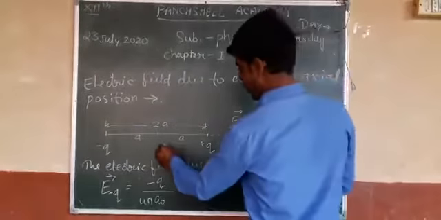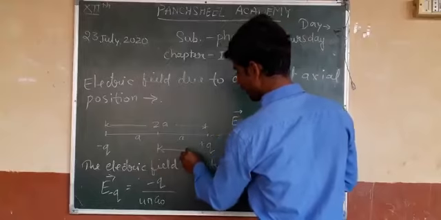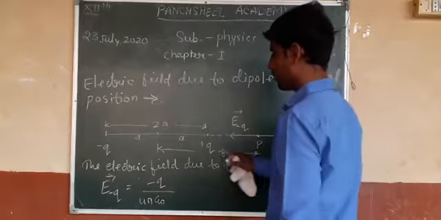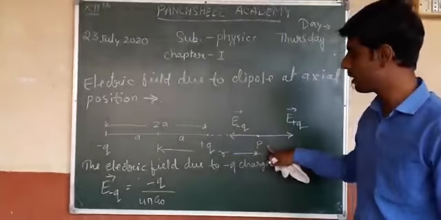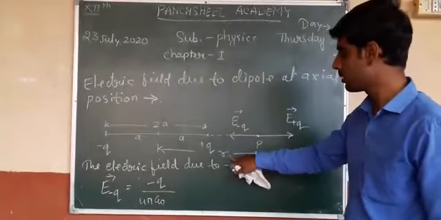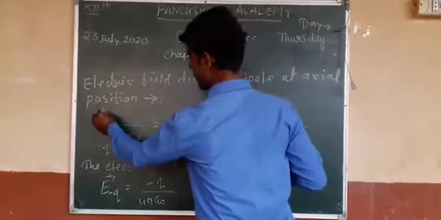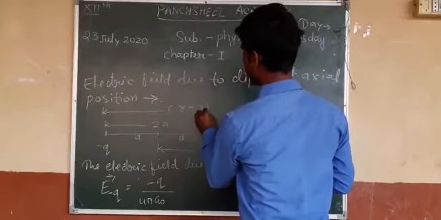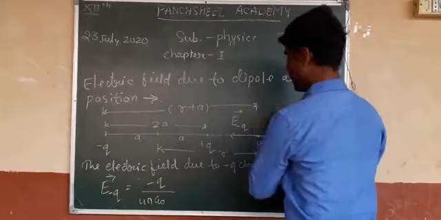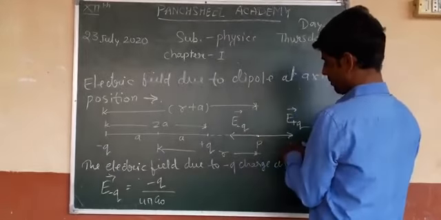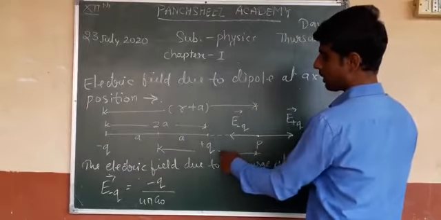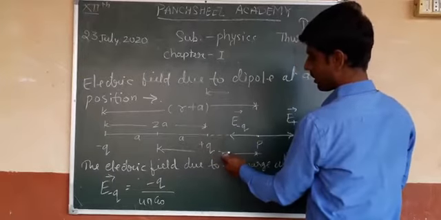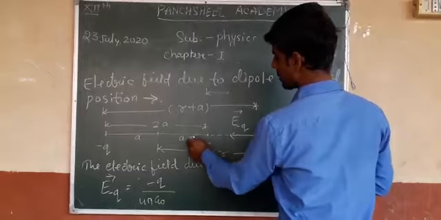Some important thing: suppose this is the center point and I write the distance from the center to point P as r. So the distance from the plus q charge is r plus a, and the distance from the other charge to point P is r minus a.